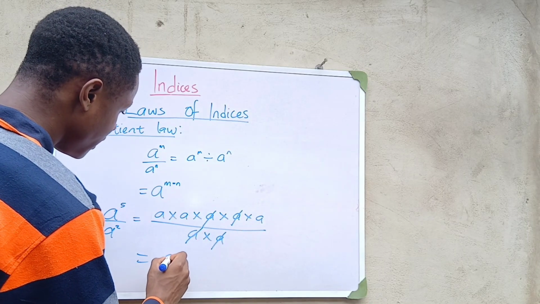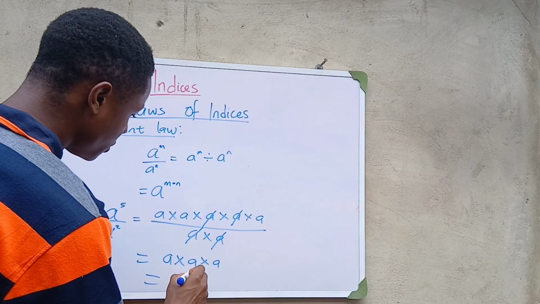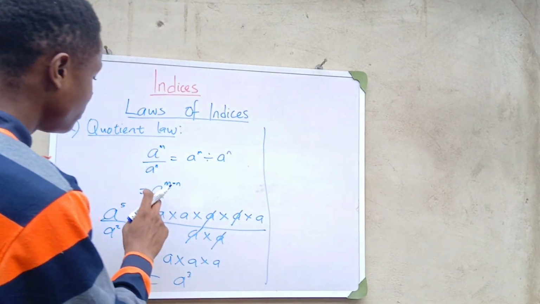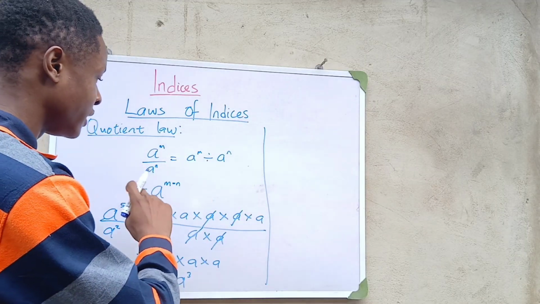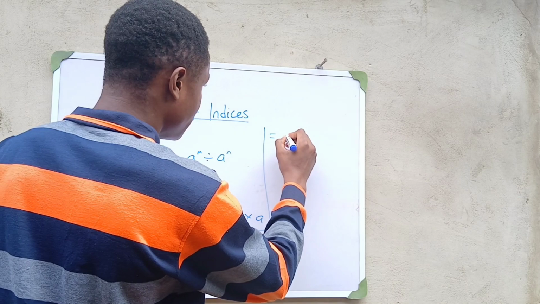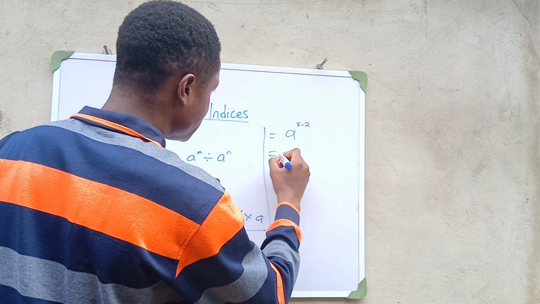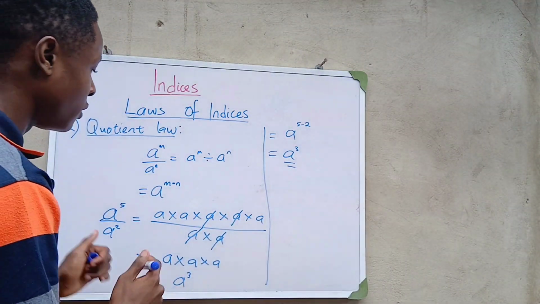So we're having a times a times a, which is the same as a raised to power 3. So now using this law, when we have the same bases that are dividing each other with their own index, we are going to subtract their index. So we have a raised to power 5 minus 2, which is a raised to power 3. So we have just proved the law here.